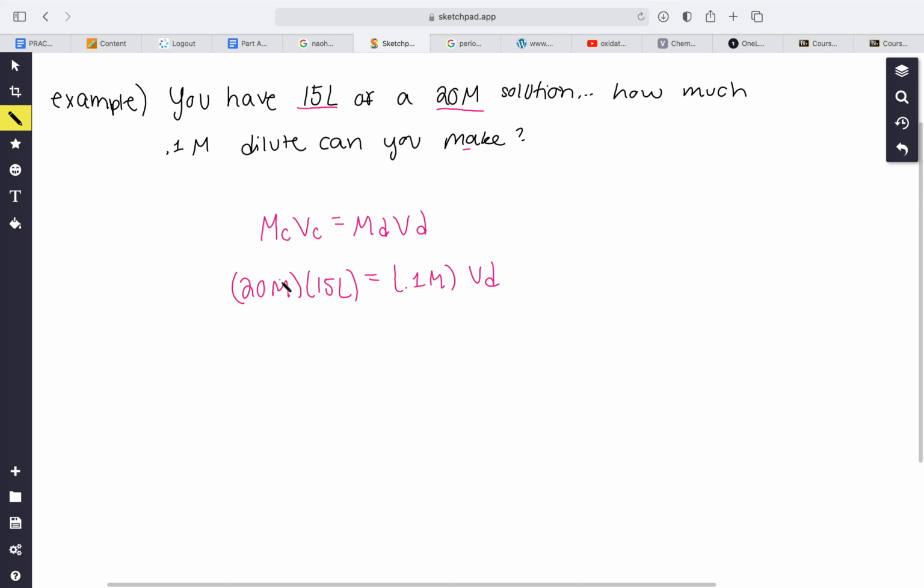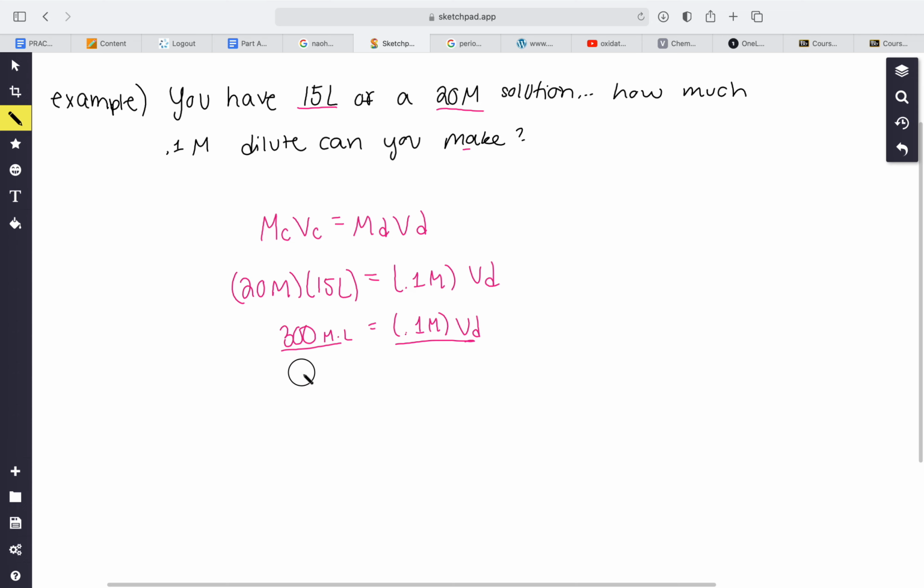So we're just going to do some basic algebra here. We're going to do 20 times 15 in our calculator, and we're going to get 300. This would be moles per liter times liter, which is technically moles, and that is equal to 0.1 mole times VD.